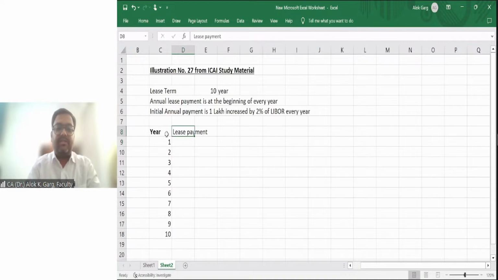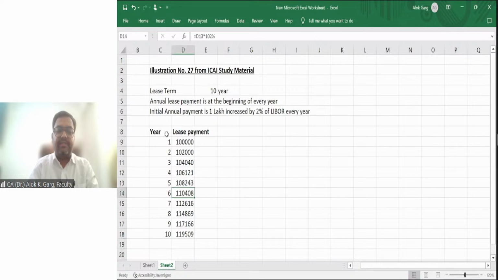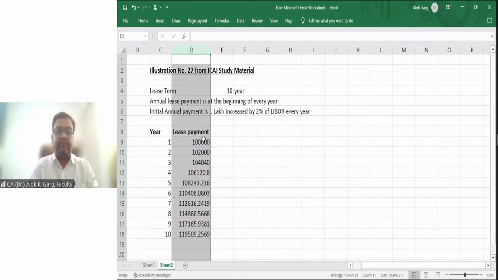Which is given in the question, in the first year, it is 1 lakh rupees. It will be increased by 2%. Can I write this as 102% of the last payment? Yeah. Again, 2% escalation, again 102%. So likewise, these are the payments by the end of every year. These are the payments, right?